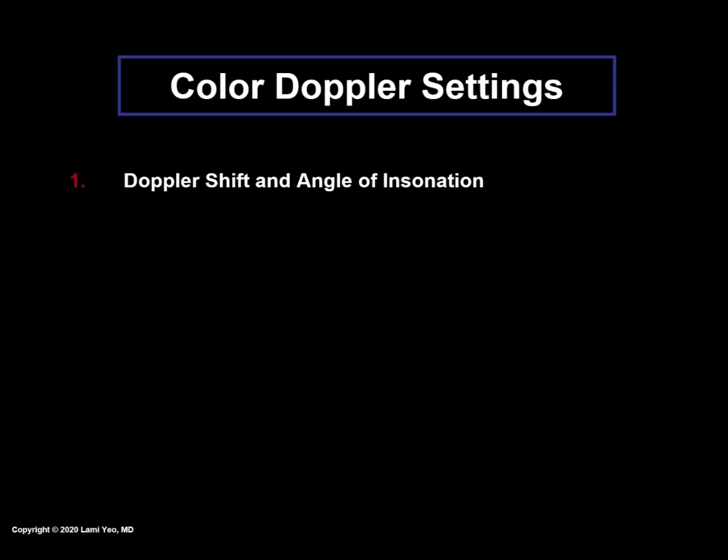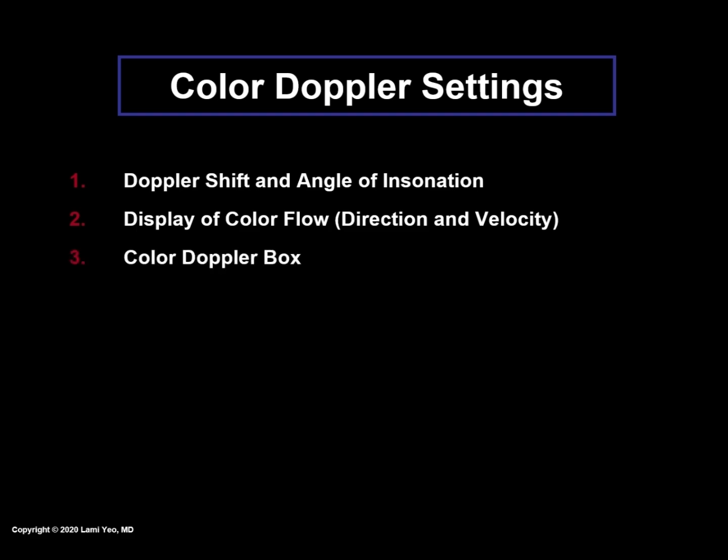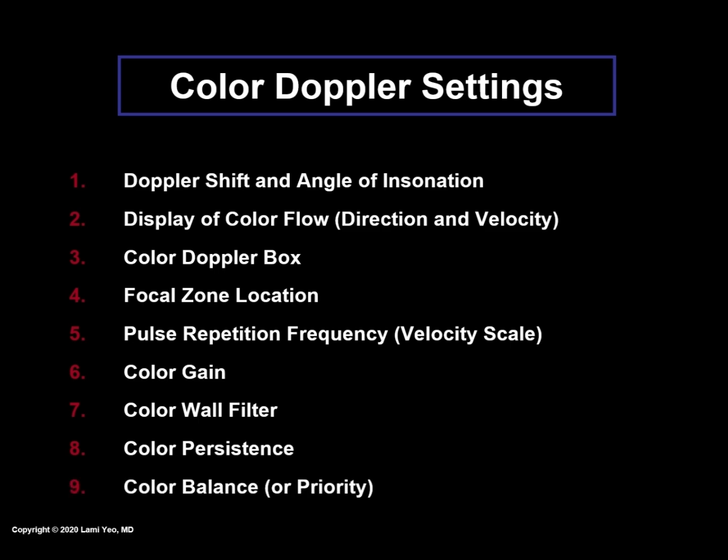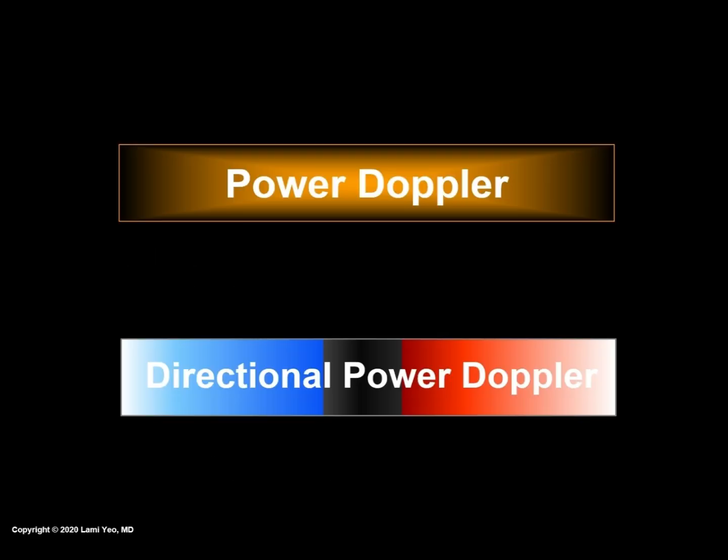We will cover the following topics: Doppler shift and the angle of insonation, display of color flow, direction and velocity, color Doppler box, focal zone location, pulse repetition frequency or PRF, or velocity scale, color gain, color wall filter, color persistence, and color balance or priority. At the end of this presentation, we will discuss power Doppler and directional power Doppler sonography also.